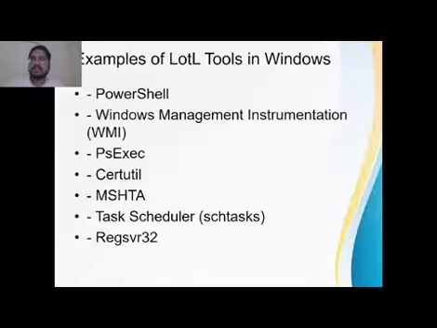Third is PsExec for lateral movement and data exfiltration. Fourth is MSHTA to run malicious HTML applications. Last is Task Scheduler to stay hidden. These tools are all signed by Microsoft and usually trusted by security software.